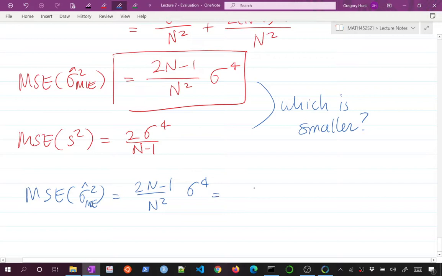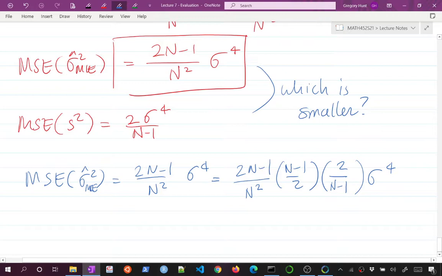I can write this as 2n minus 1 over n squared, and then I'm going to multiply by n minus 1 over 2, and then multiply by 2 over n minus 1. And then I have, of course, my sigma to the fourth left over. Multiplying by n minus 1 over 2 and 2 over n minus 1 doesn't change anything. That's just multiplying by 1.